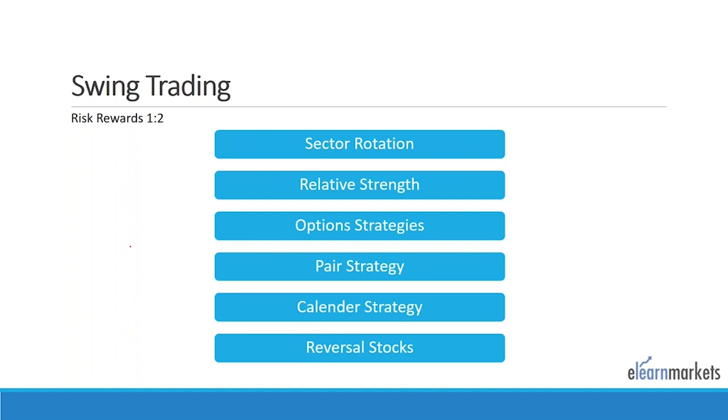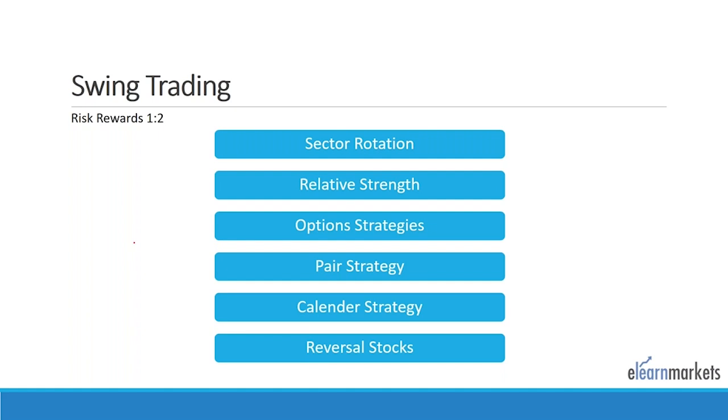How do you judge that? Relative strength is again the strength of a stock vis-a-vis same-sector stocks or vis-a-vis the overall index of the market. For option strategies, as I suggested, you have to deeply get into the Greeks and find out the objective of an option strategy, whether you want to play volatility or you want to play theta, etc.